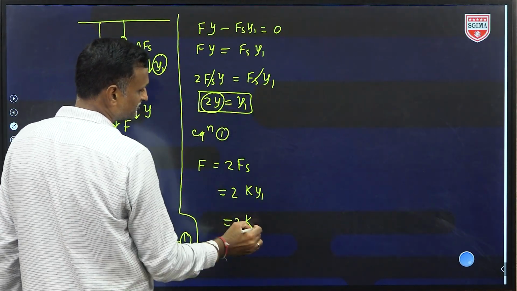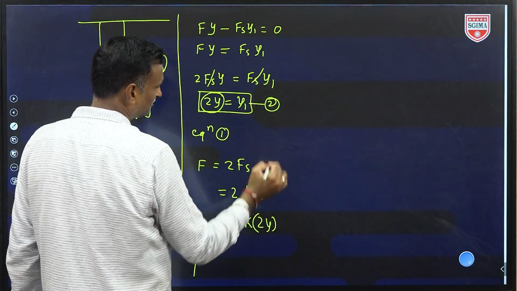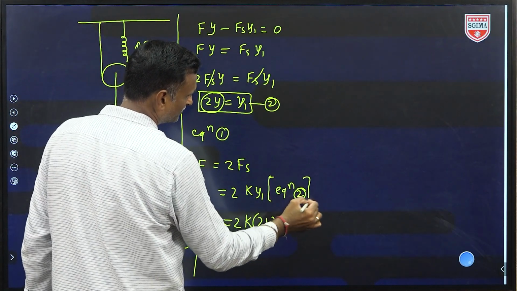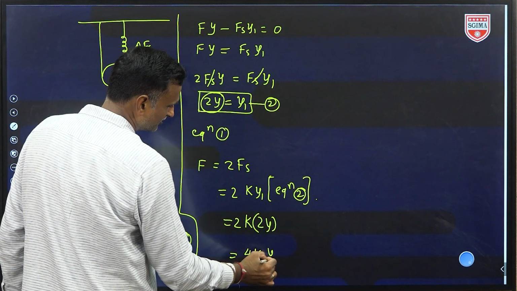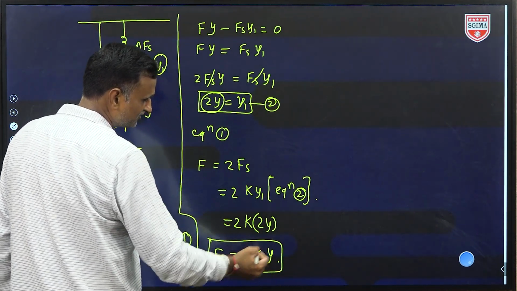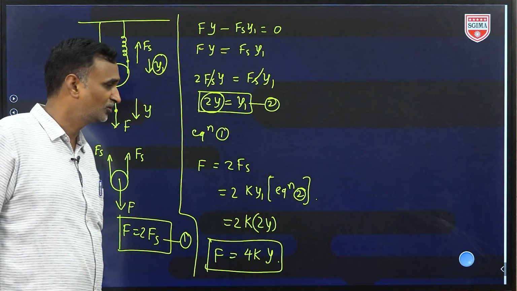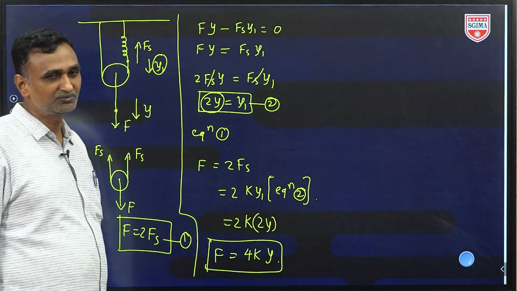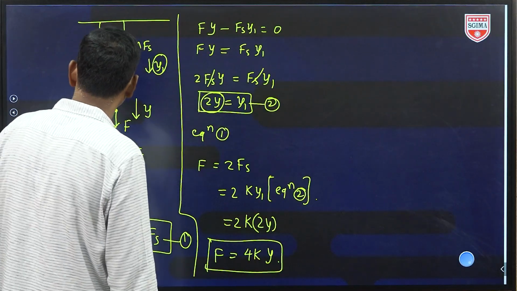Y1 equals how much? 2y. So this is equation number 2. From equation number 2, finally 2 times 2 is 4, we can write 4ky. So this is the F value in terms of K and y. We use the constraint relation again and the net force equation, and on simplifying we get the answer.